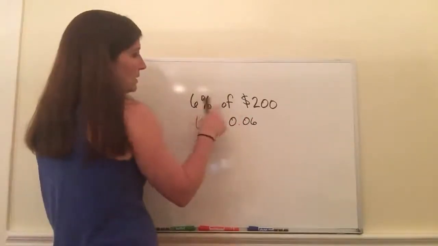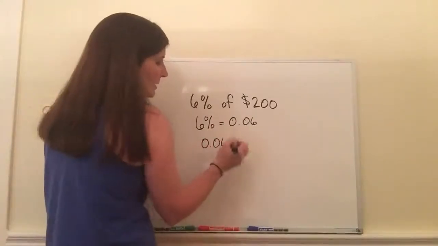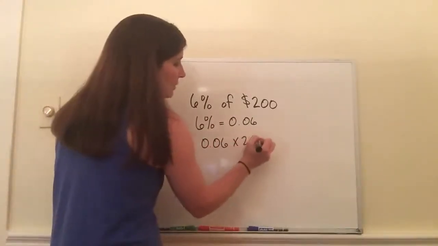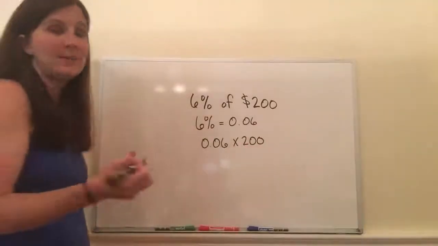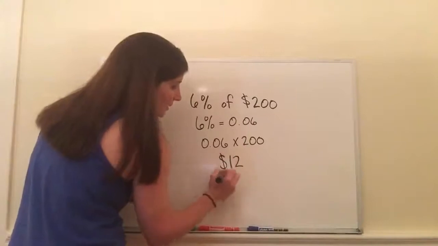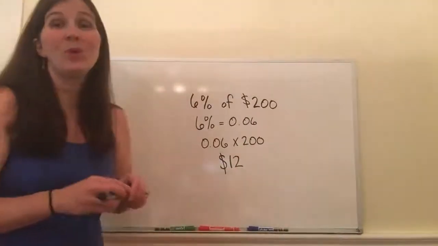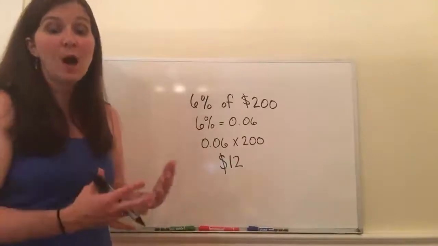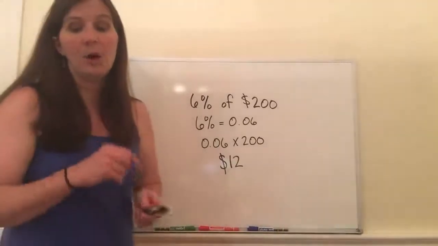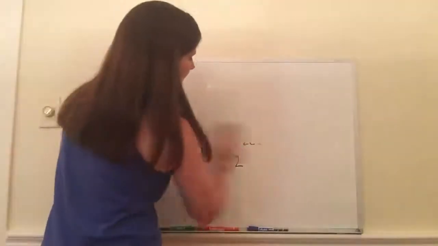So 6% of 200, I'm going to do 0.06 times 200, and that gives me the answer 12. So my final answer is going to be $12. There will be a $12 service charge on that concert ticket.